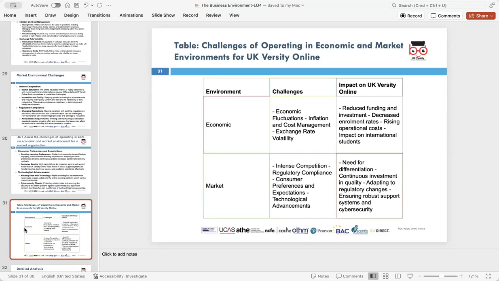Offering flexible payment plans, scholarships, and financial aid options can help students. The financial help can reduce the financial burdens on students, potentially maintaining enrollment rates. These measures ensure that education remains accessible even during tough economic times.